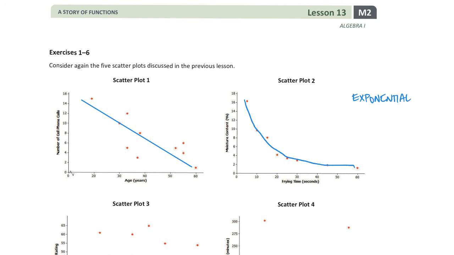Exponential. So sometimes the best fit curve that fits the data the best is going to be just that. It's going to be a curve. So you could get a line, you could get a curve, and that curve could follow an exponential shape.